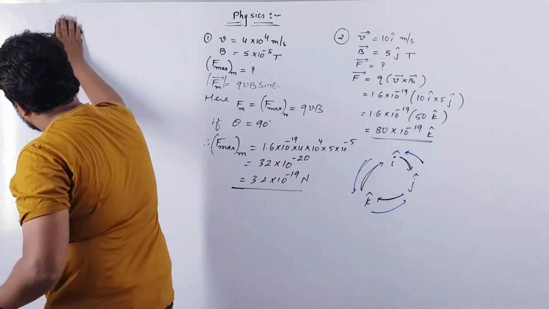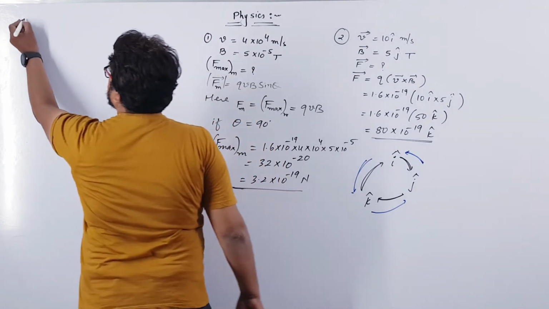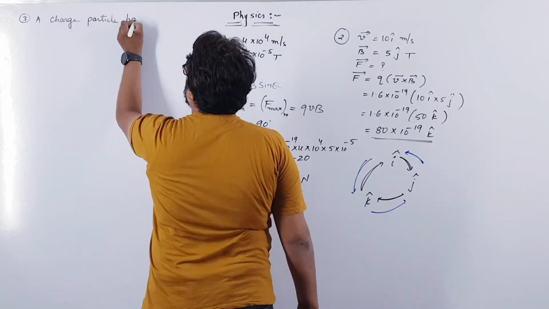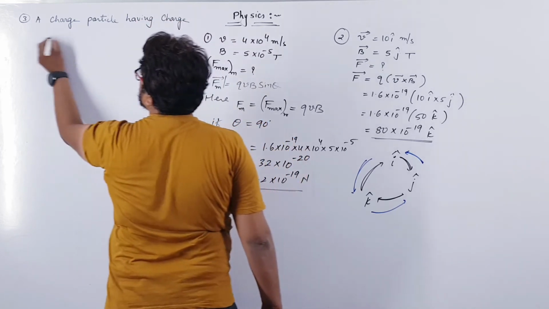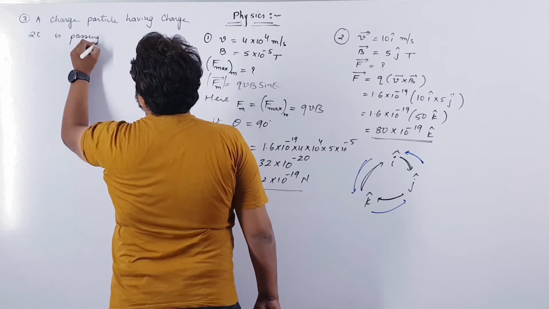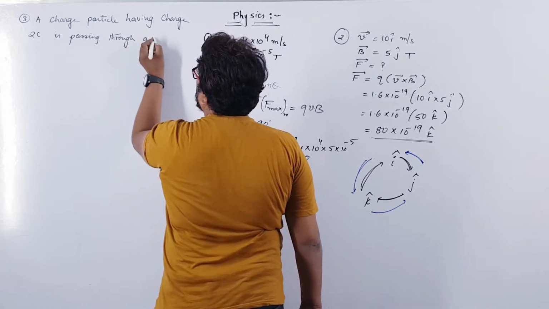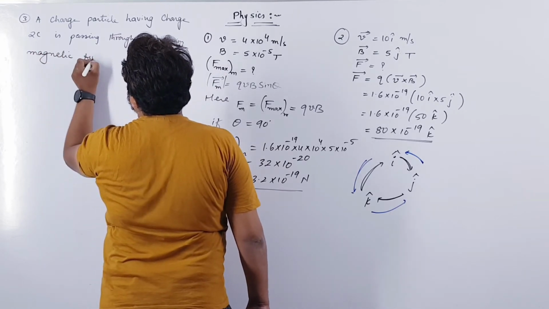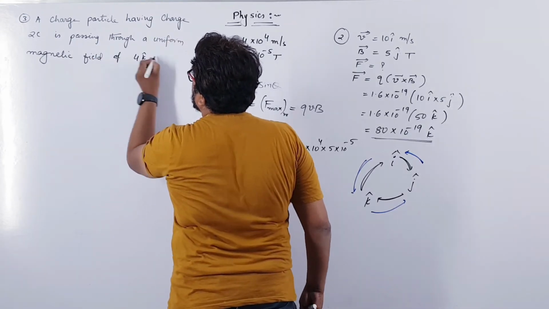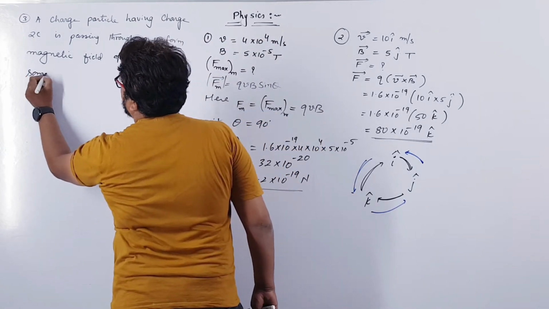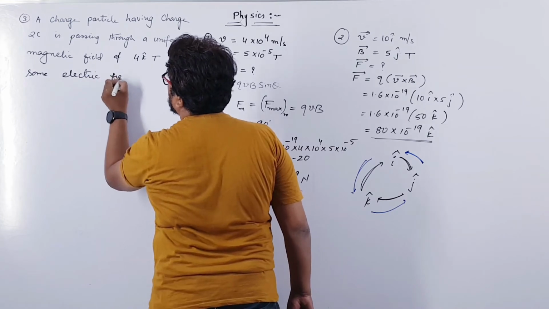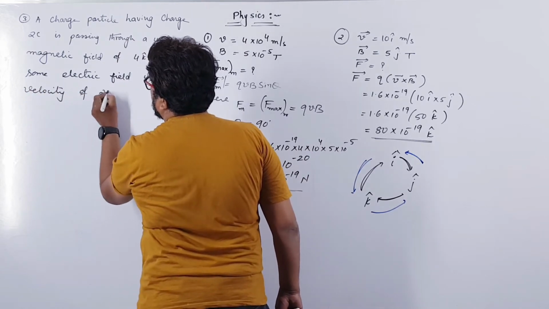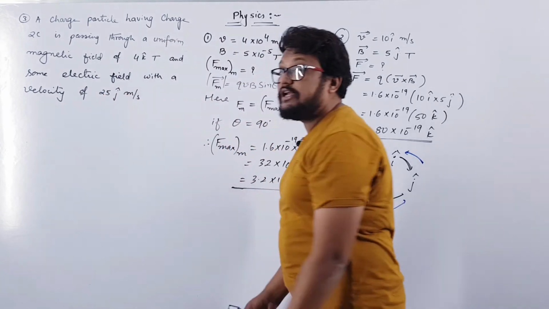A charged particle having charge 2 coulomb is passing through a uniform magnetic field of 4K Tesla and some kind of electric field with a velocity of 25 J cap meter per second.